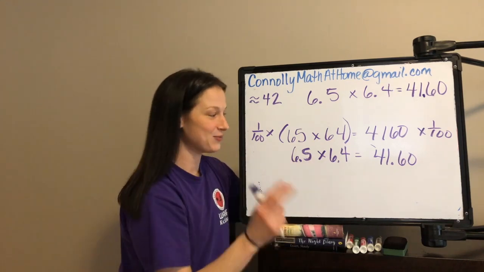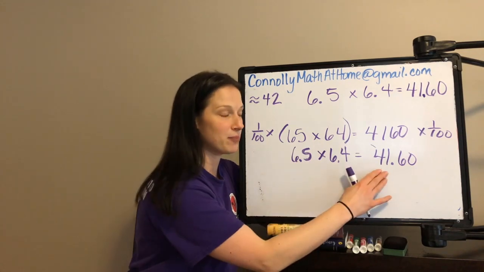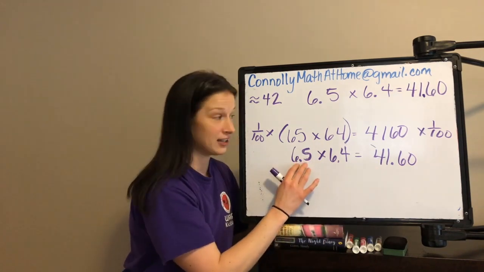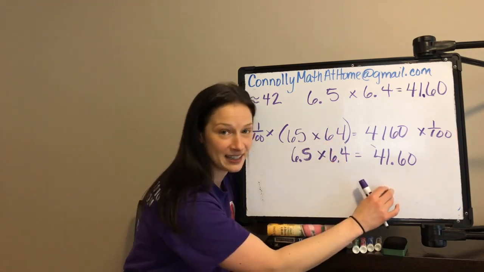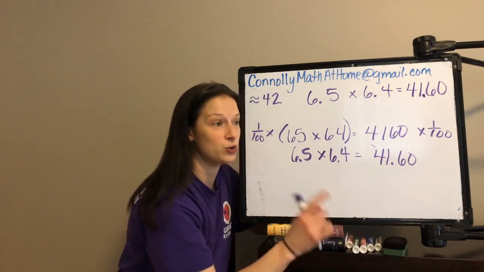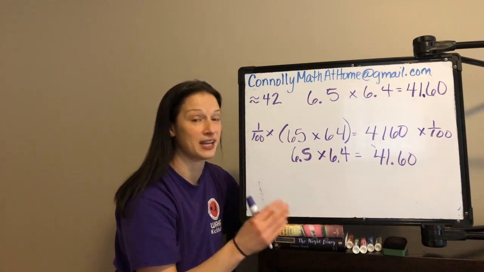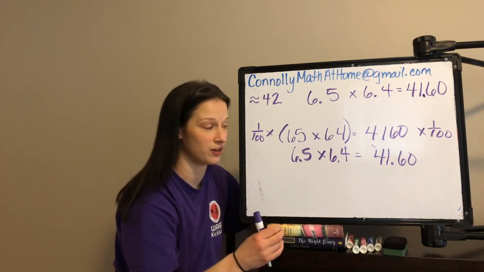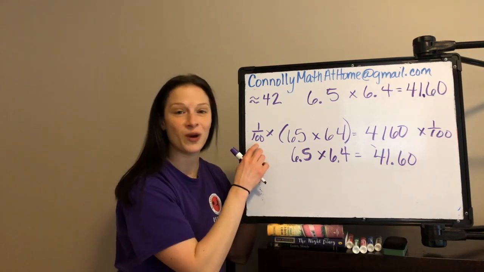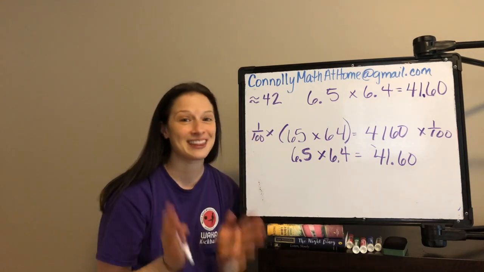This factor got 10 times smaller, so I had to make my product 10 times smaller for this factor. This factor got 10 times smaller, so I had to make it 10 times smaller again. And when you do that, 10 times smaller, 10 times smaller, you're making the number 100 times smaller. And you saw that when I got to 1/100th with a fraction. Okay? So that's what's happening.